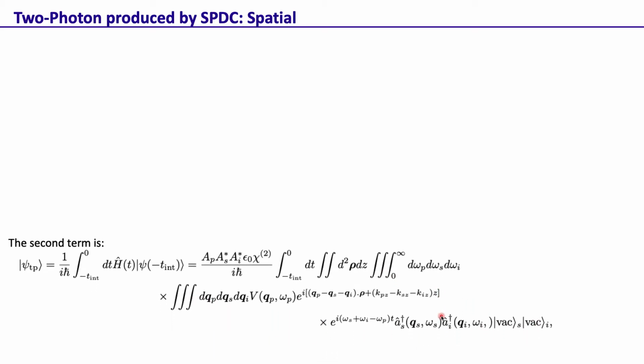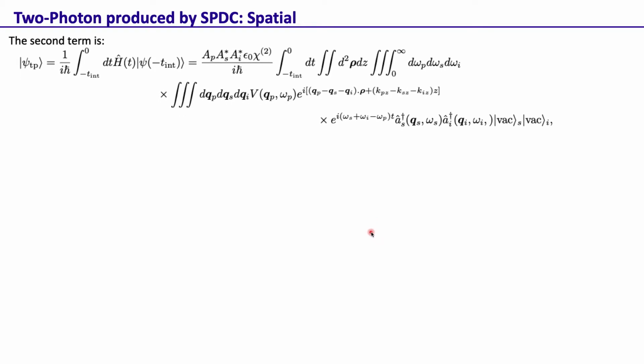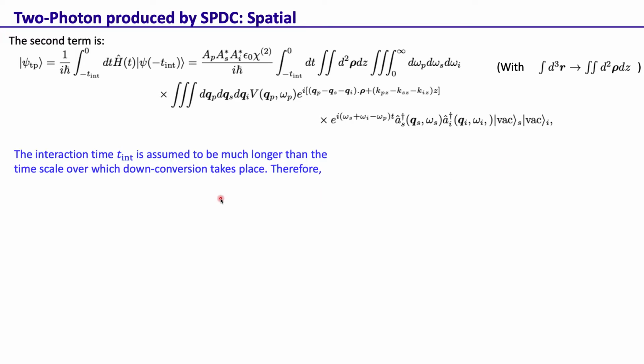Now we take this and, of course, here we have put in d2 rho dz for dq r. Now in this expression, just like we had done for time, we'll make some assumptions. The first assumption is that the interaction time t interaction is much longer than the time scale over which down conversion takes place.